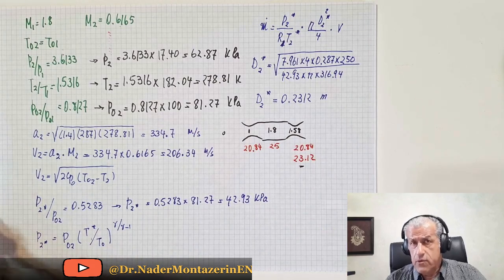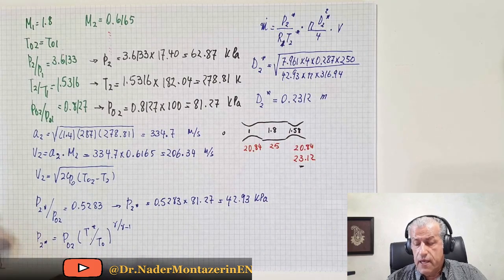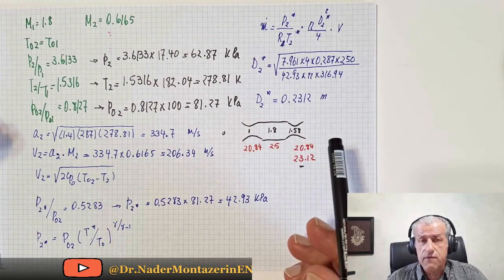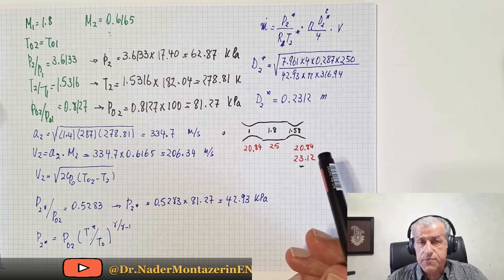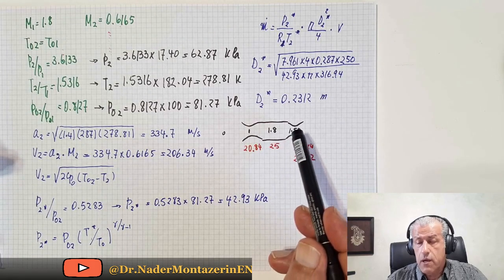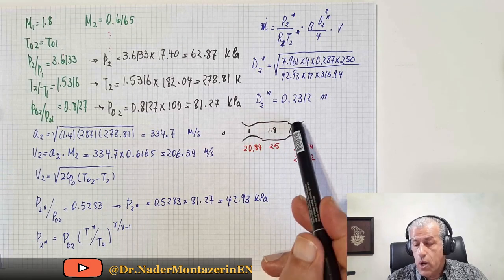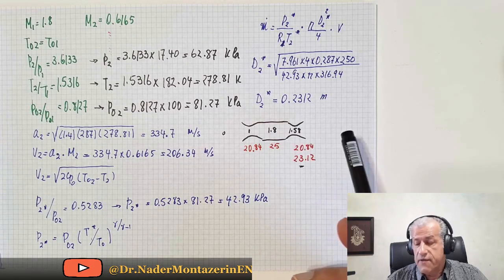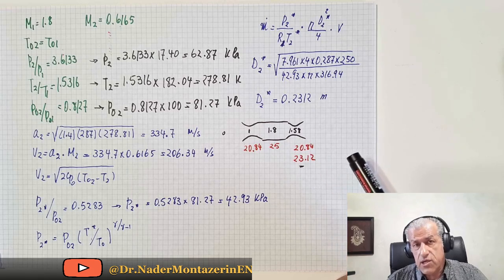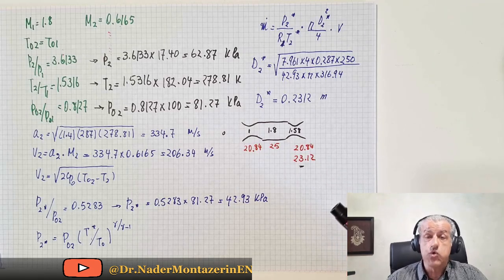A very good question is that if we have a shock wave here, and if you want to reduce the velocity to subsonic values, it is subsonic after the shock wave. Then why at all do we need the converging, diverging diffuser after the test section? That's the true question.